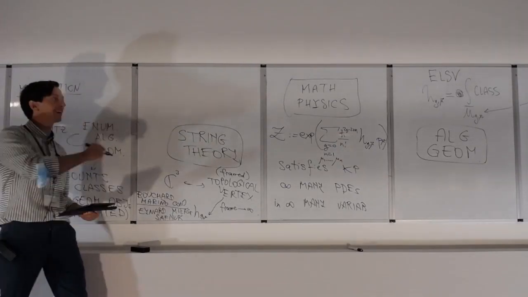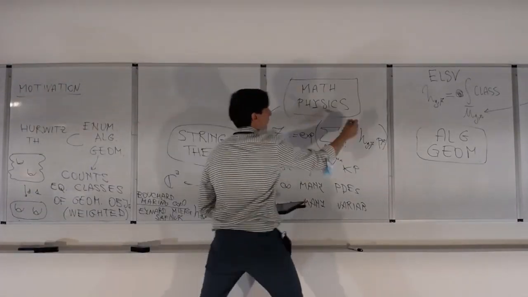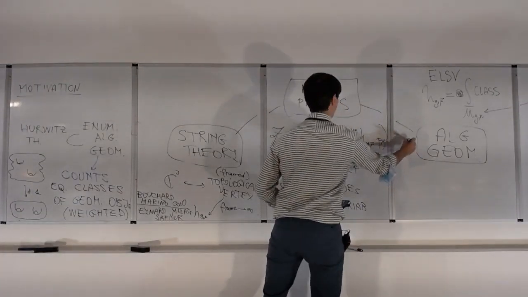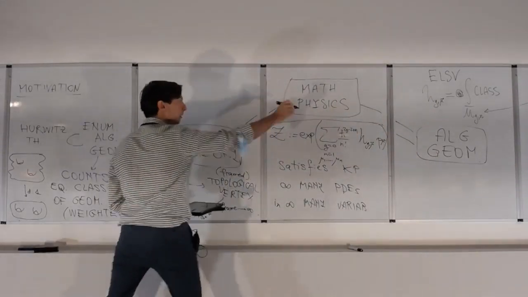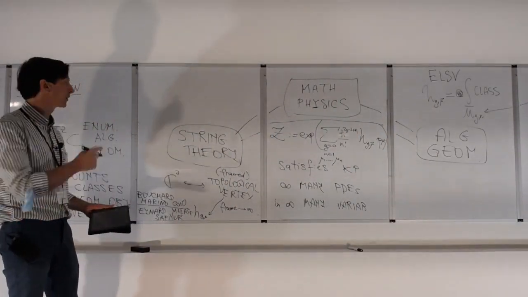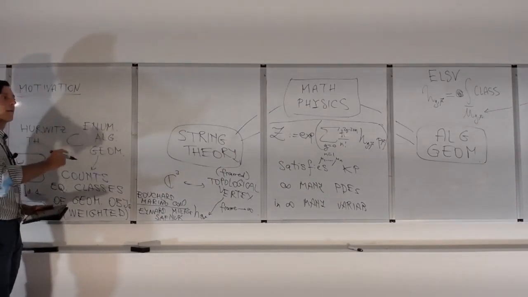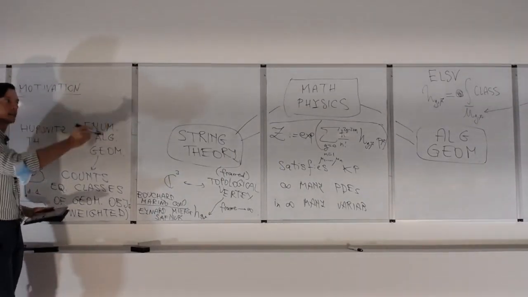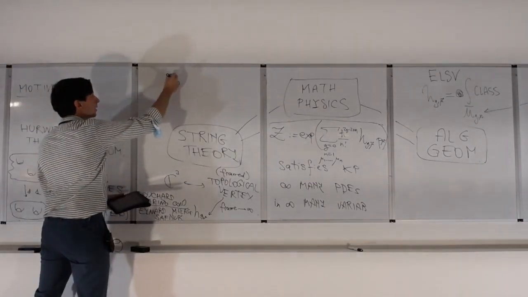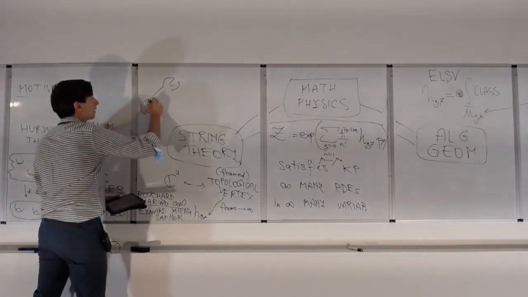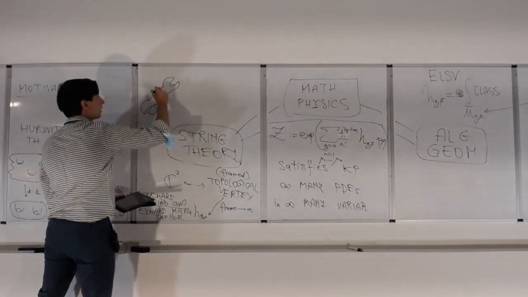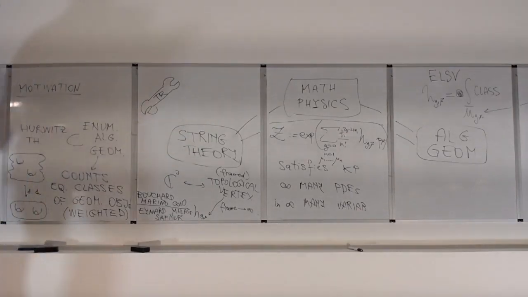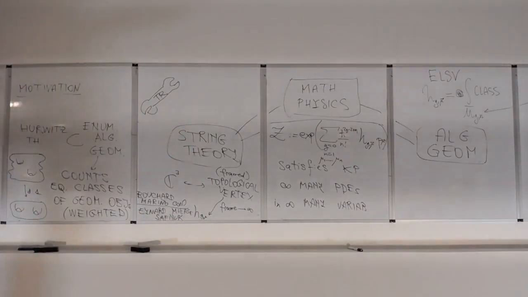So for me, this is sort of a triangle of interaction between these three things. And what is magical in relation with topological recursion is that many of the examples that have this interaction actually satisfy TR, in the sense that they are generated by topological recursion.